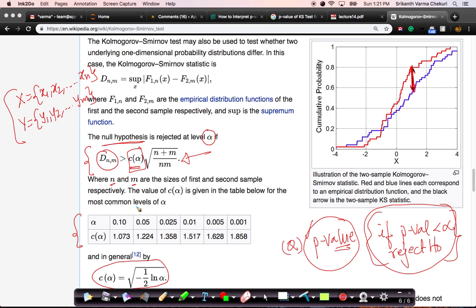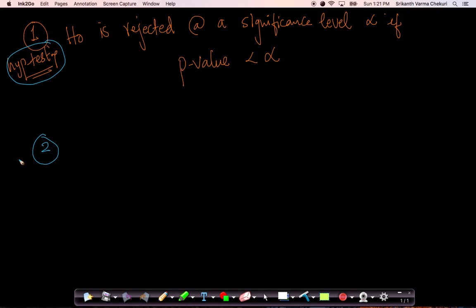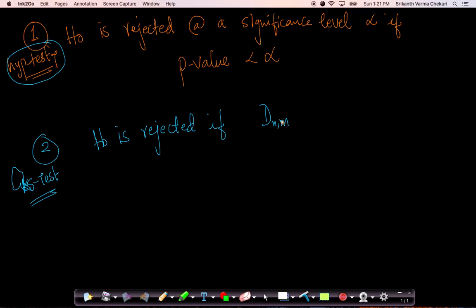Second statement. What we discussed in the video we have already seen for a KS test is that H0 is rejected if D n,m, the maximum gap, is greater than C alpha times the square root of (n plus m) by nm.